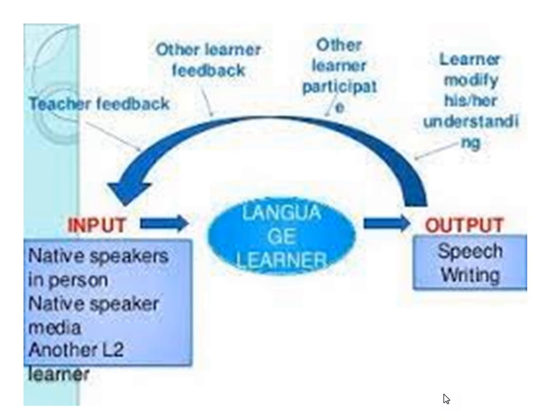That means you may talk to a native speaker. Suppose you want to learn Chinese, you can talk to a Chinese speaker face to face. That is called a native speaker in person. If you talk to a native speaker face to face, that would be one kind of input.